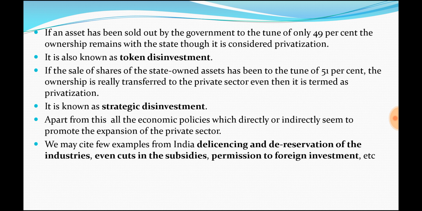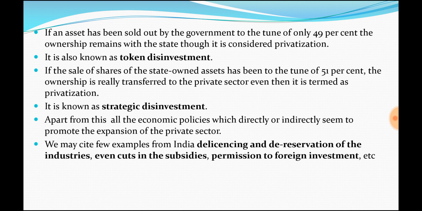If an asset is sold by the government up to 49%, the government still retains 51%. That means the company will still be a government company, a public sector company. But it is still called privatization because part of the public sector company is sold to the private sector.